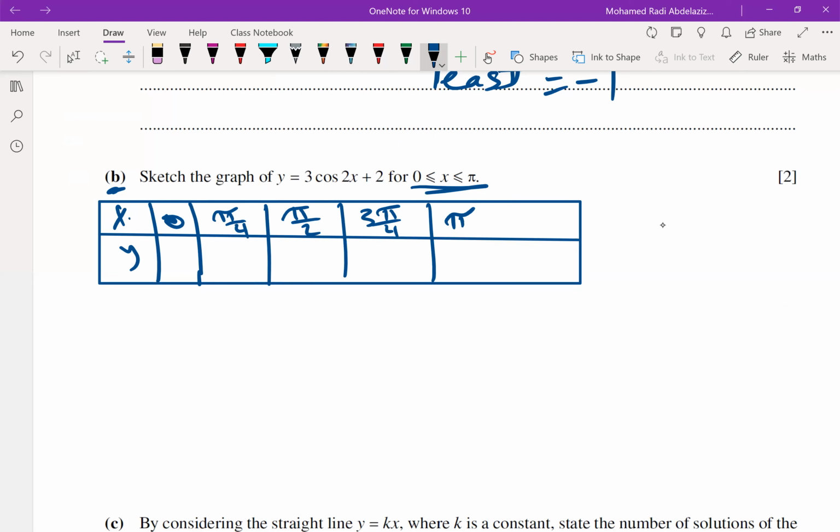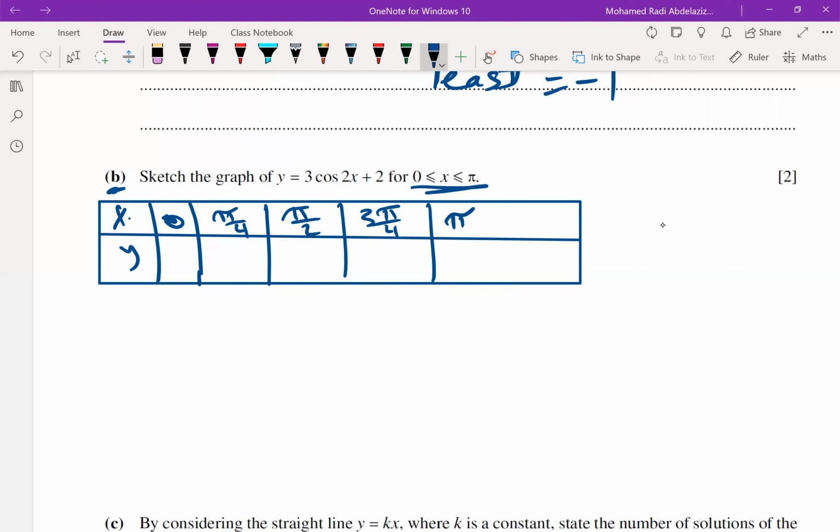If we use the calculator now in mode 7 to form a table, start by writing the function 3 cosine 2x plus 2.